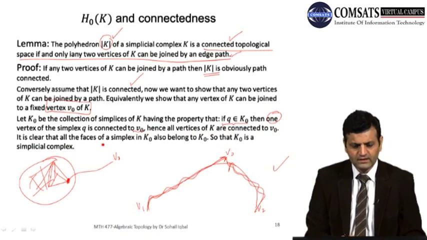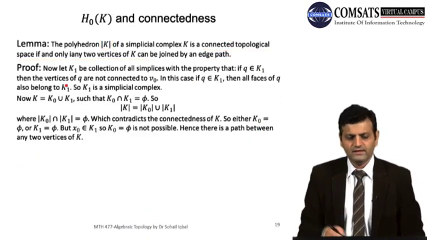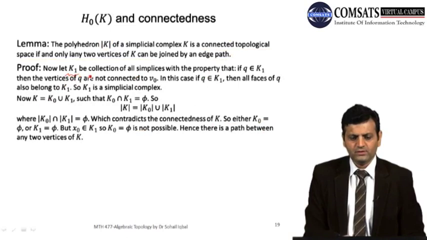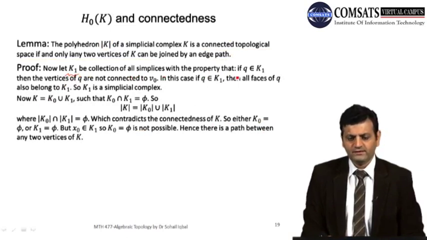So it is clear that all the faces of simplices in K0 also belong to K0, because if this simplex belongs to K0, then its face also belongs to K0, because the vertices of this face also are connected to V0. So K0 is a simplicial complex. Now let's take K1, which is the collection of all simplices Q such that the vertices of Q are not connected to V0.